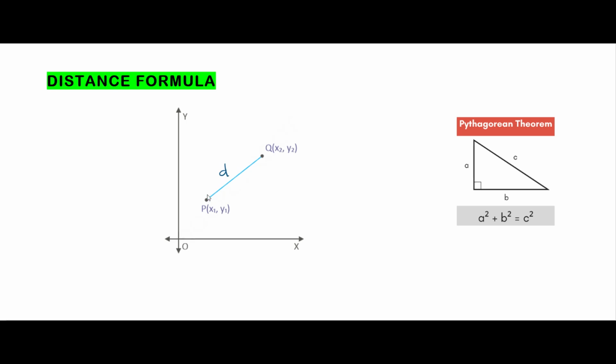Now we'll find the distance between the point P of x1 y1 and Q of x2 y2 by using the concept of Pythagoras theorem. In a right angle triangle, the square of the hypotenuse is equal to the sum of squares of the other two sides, that is c square equals a square plus b square.